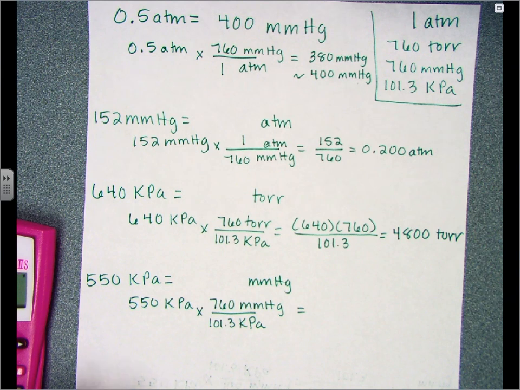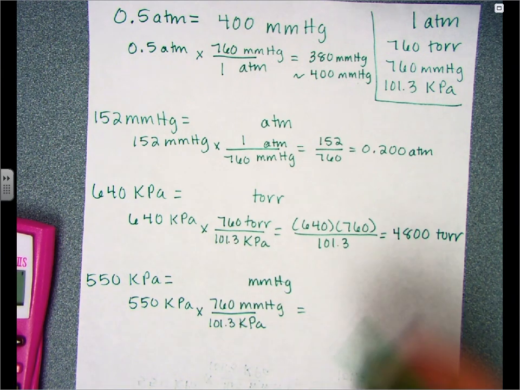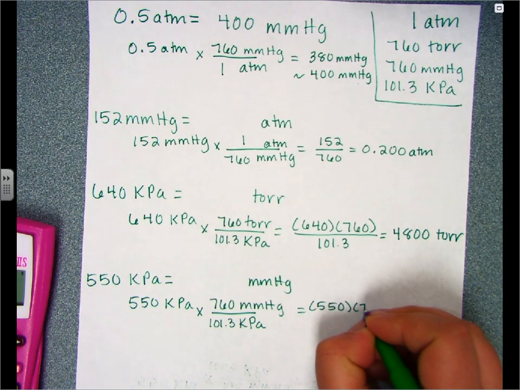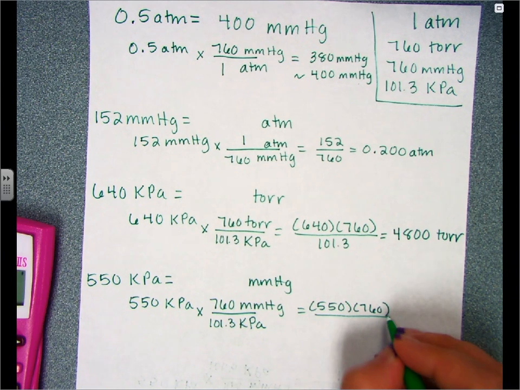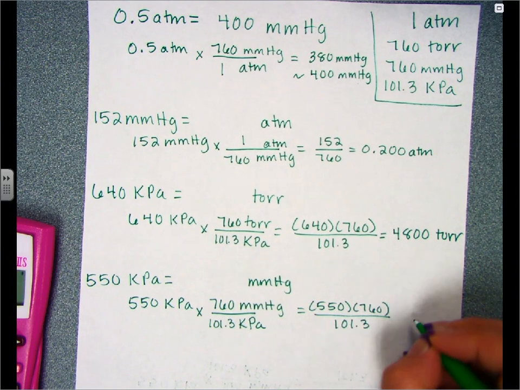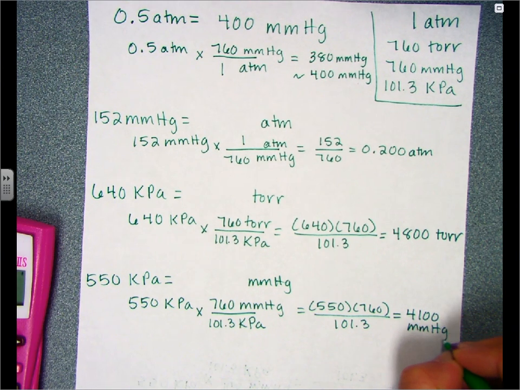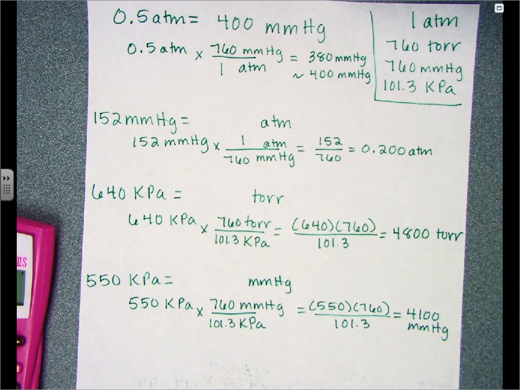So 550 times 760 divided by 101.3. You end up with 4,100 mmHg. So that's how you do pressure conversions.